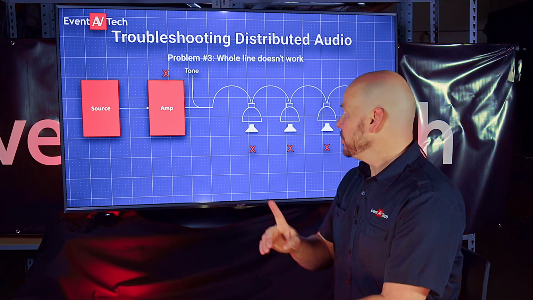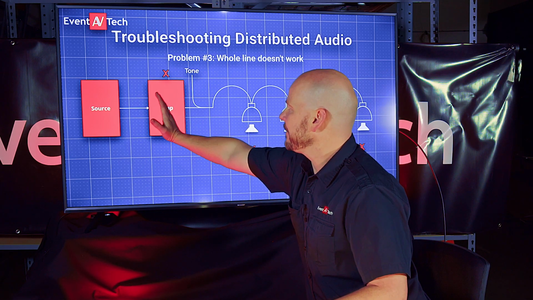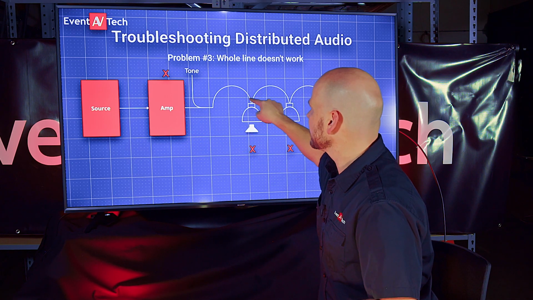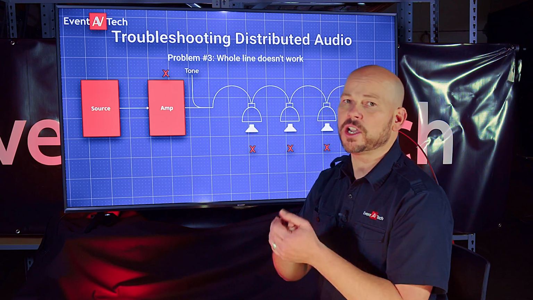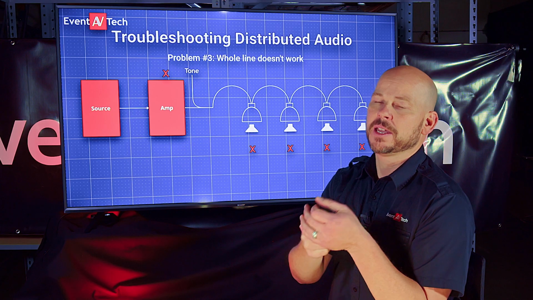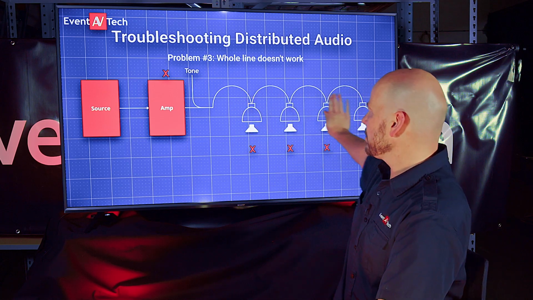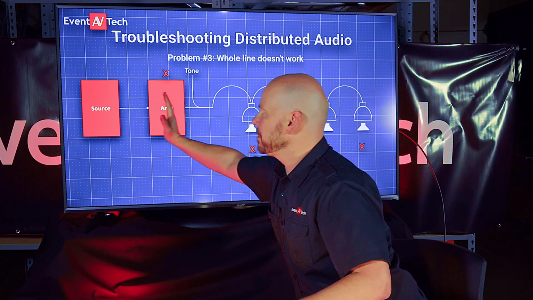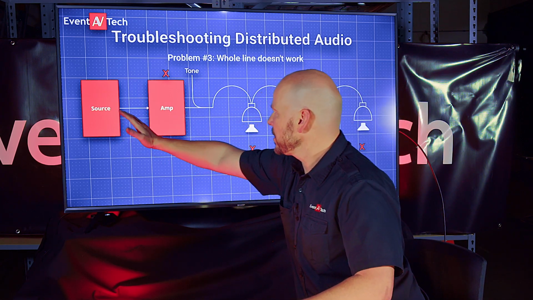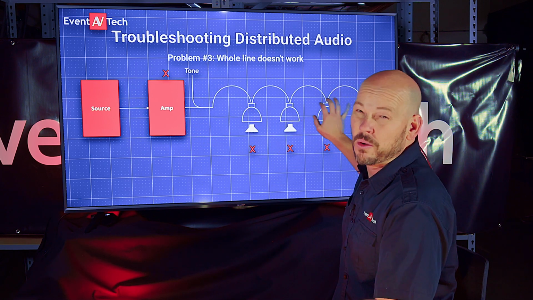Another thing I can do is rule out the line coming out of my amp by taking this home run and hooking it up to a tone generator. And that tone generator is going to tell me, are my speakers fine and I have a problem between my amp and my source, or with my tone generator, are my speakers also not working?